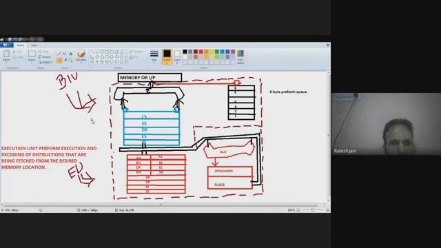That's why in this manner they are connected. So this is the complete representation of the architecture of the 8086 microprocessor.